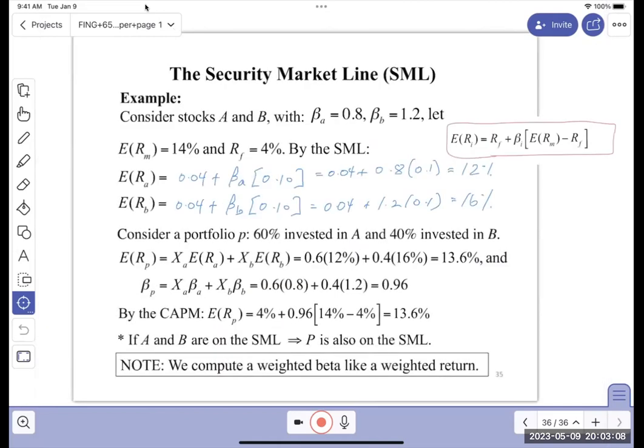Let's look at combining asset A and asset B into a portfolio now. So we're going to resurrect our formulas for the expected return of a portfolio of 2 assets. We know that's a weighted average. So 60% invested in A and 40% invested in B would give us 13.6% return. So let's see.